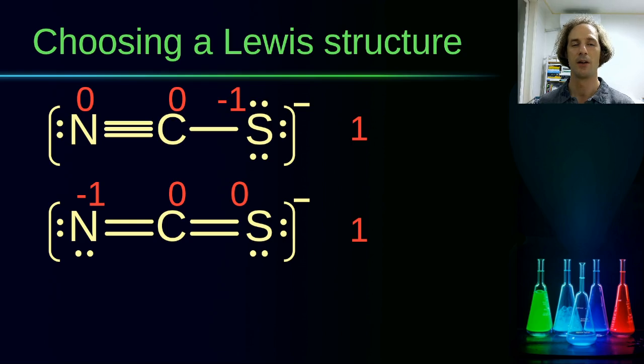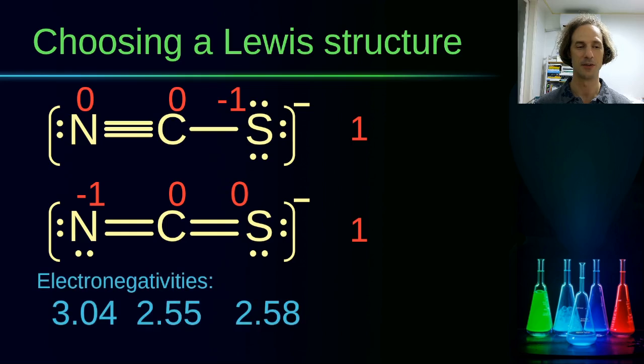And here we can remember back when we learned about polar bonds and the electronegativity. So electronegativity tells us which atoms are stronger in grabbing electrons for themselves. So if we look up the electronegativity of these 4 elements, then we will see that nitrogen has 3.04, which is the largest among these elements.